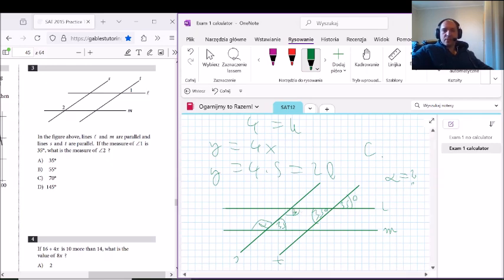So we could calculate that this is 145 degrees. And well, alpha and 35 and this 35 degrees also give always 180 degrees. So alpha is also 145 degrees.